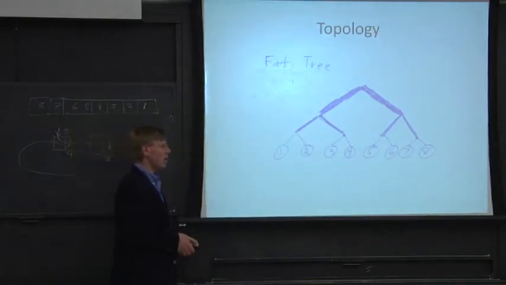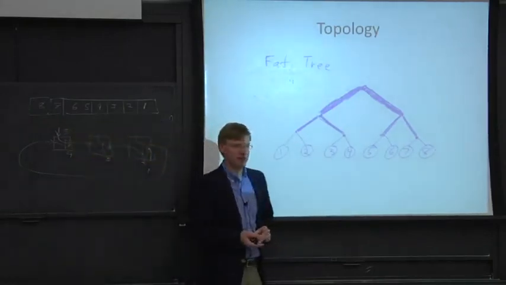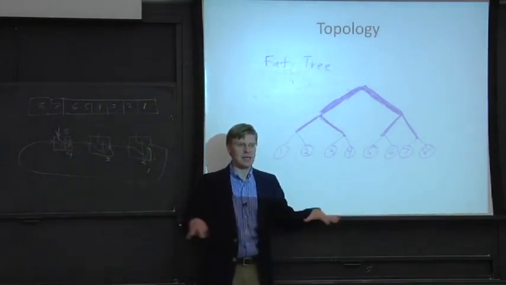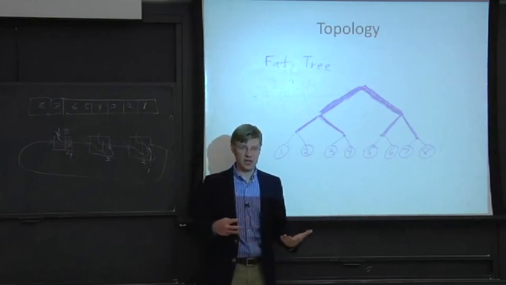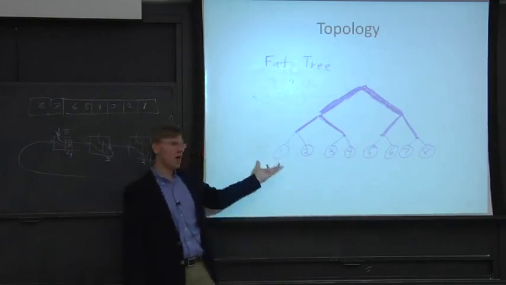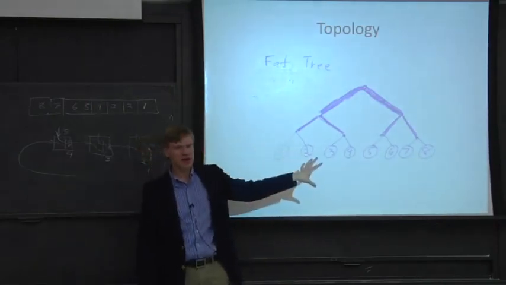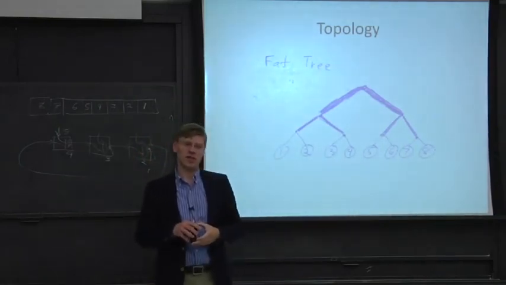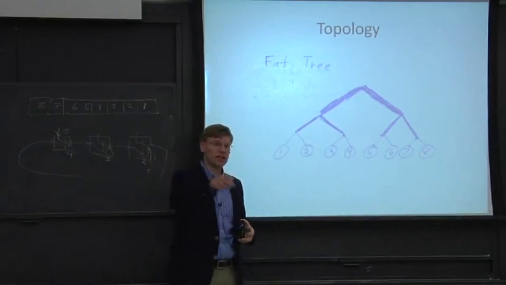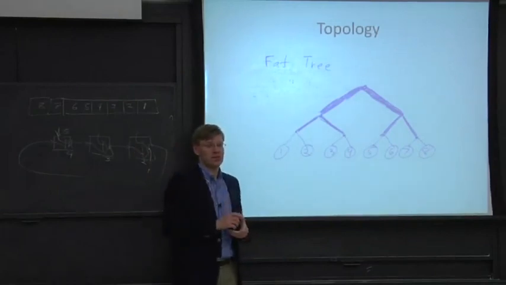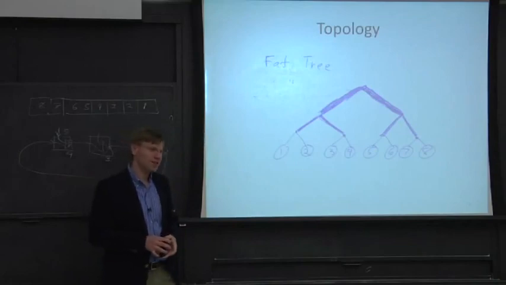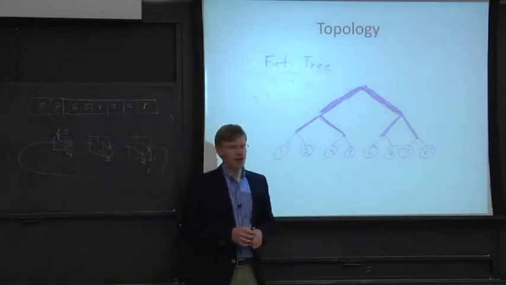One other interesting thing about a fat tree is if you try to map this into a 2D space, it actually starts to look pretty similar to a mesh at some level, except it looks like a mesh that you've removed links from. So think about that if you ever sit down to build a tree or a fat tree.